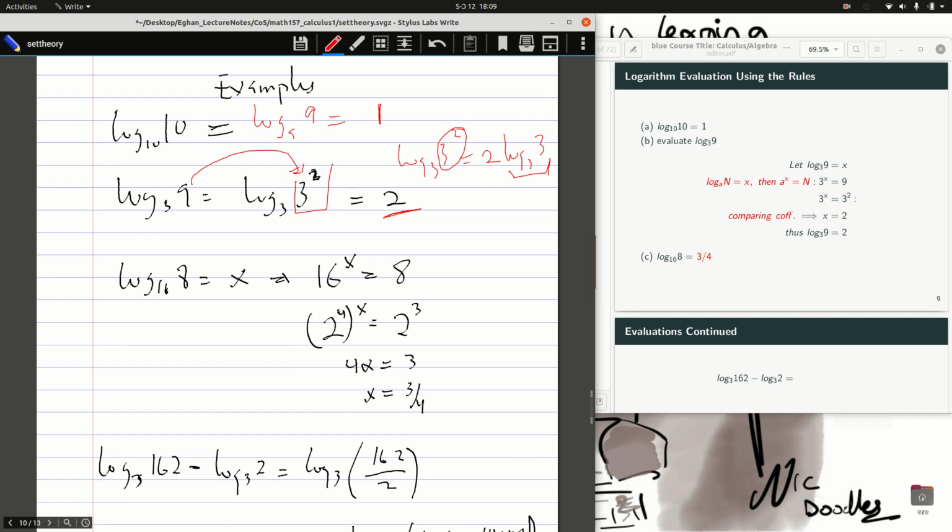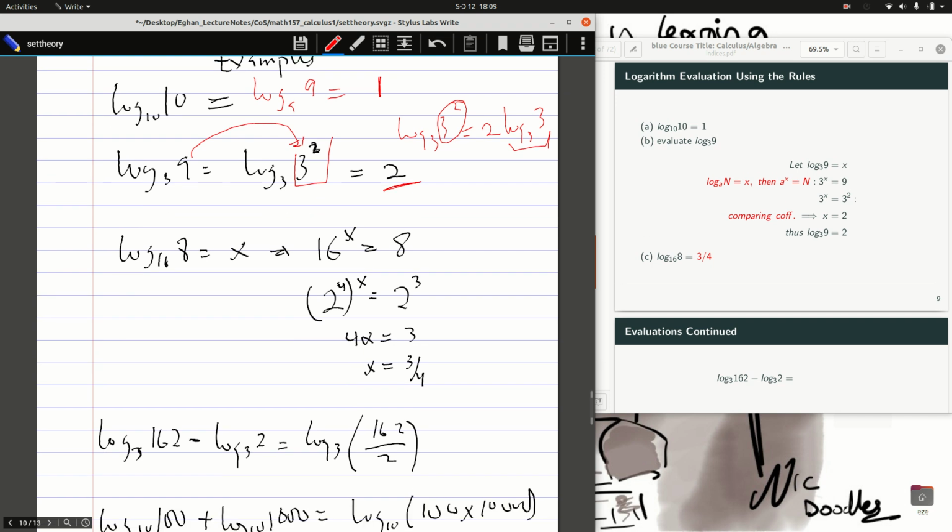Okay. Now the third example, so example 1, example 2, example 3: log 8 base 16 equal to some x. I know you can use a calculator, but if I want to find this, I'm setting log 8 base 16 to some x, and I can simply rewrite it in index form by the property.